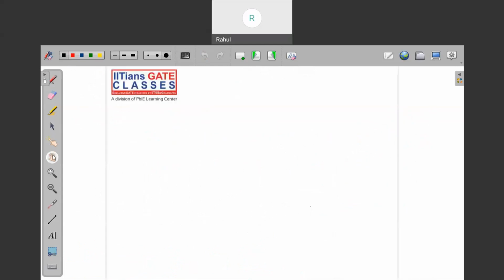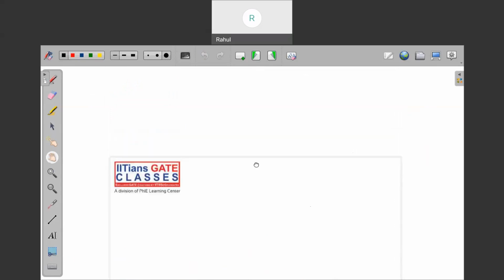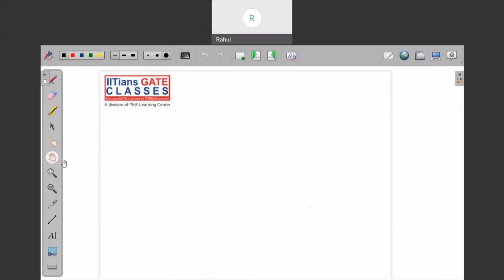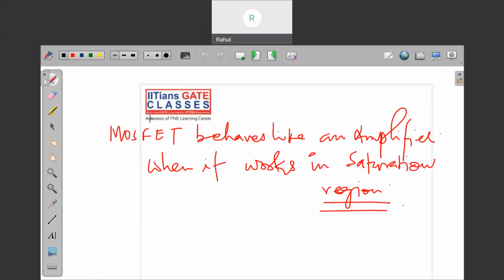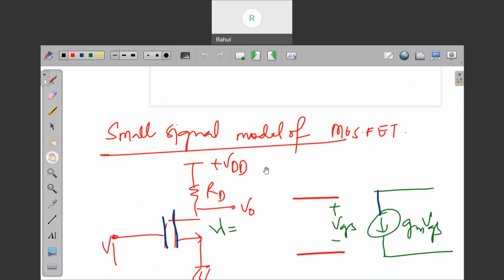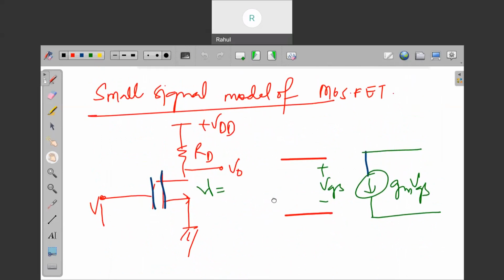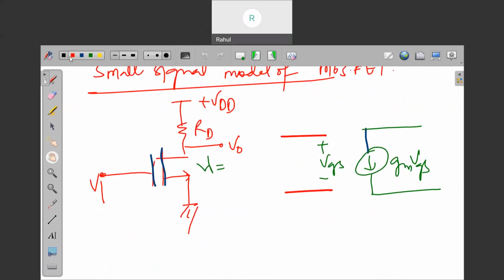What I was talking about here is the small signal model of the MOSFET, right? So this is simple.